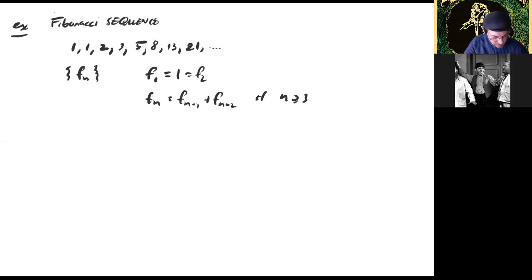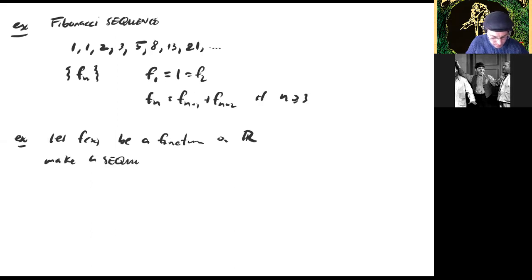Another example is gotten by taking functions. Let f of x be a function on the real line, and so we can make a sequence out of it by setting a sub n equal to the value of the function at the positive integer n.